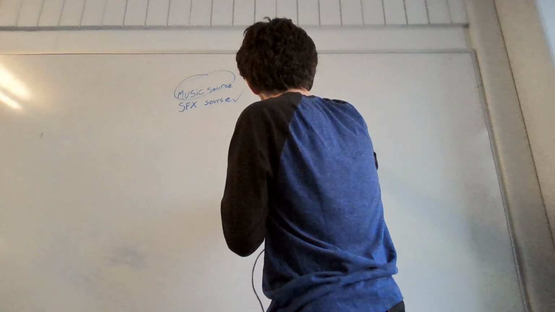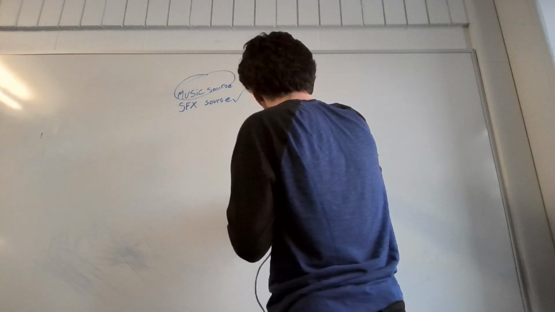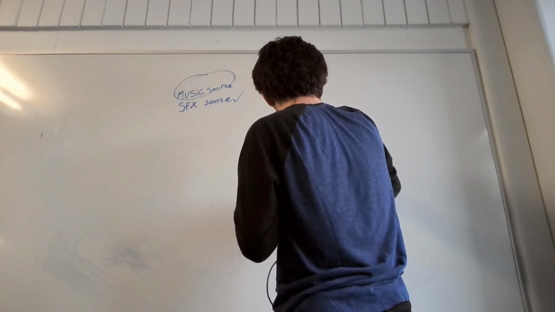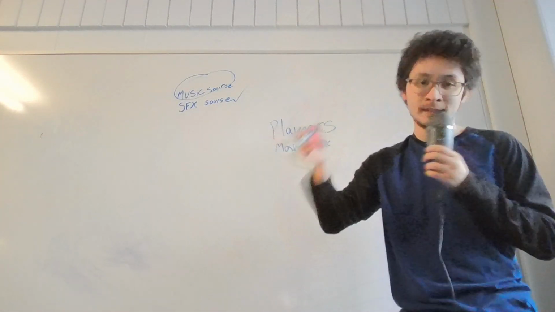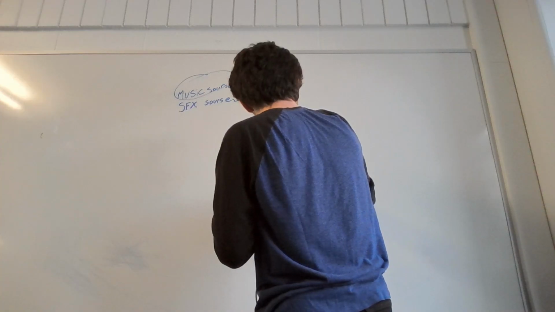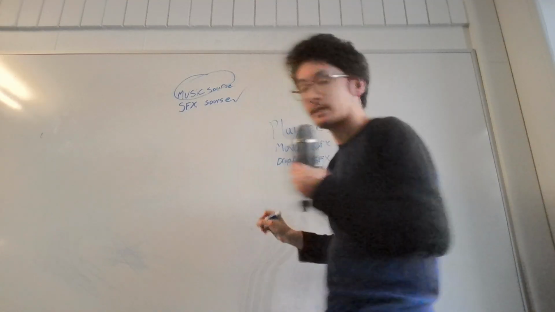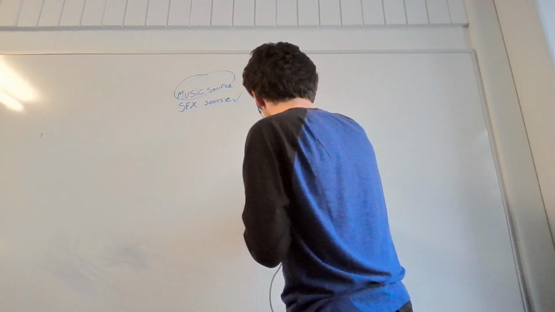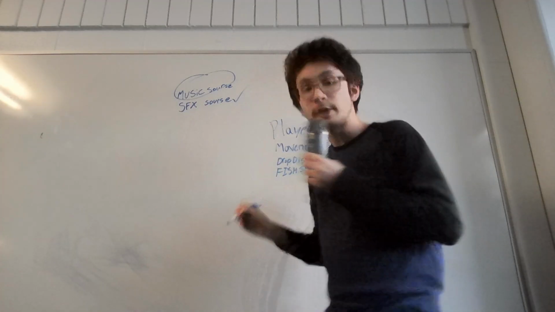Let's talk about what it has. So we have player.cs. We have our movement SFX, since it's tied to the disk and the fish as well. It has our drop disk SFX, and it has our fish SFX.